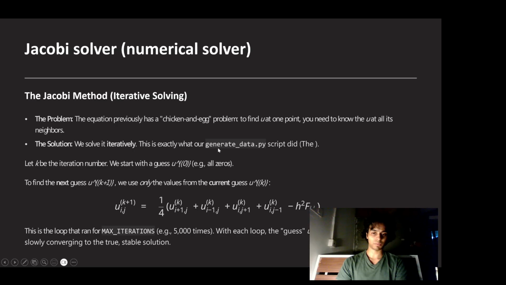For example, generate_data.py is the file I used. It ran the Jacobi solver in order to produce all the data that we need for the UNO to read upon.